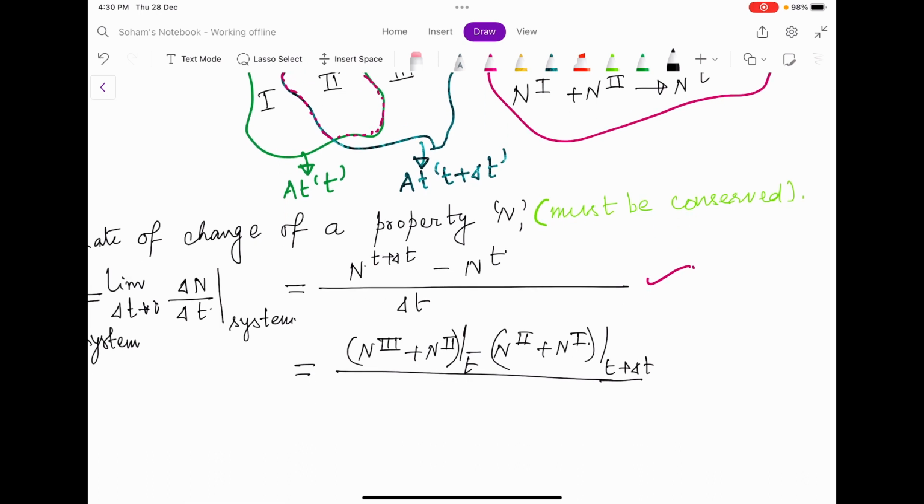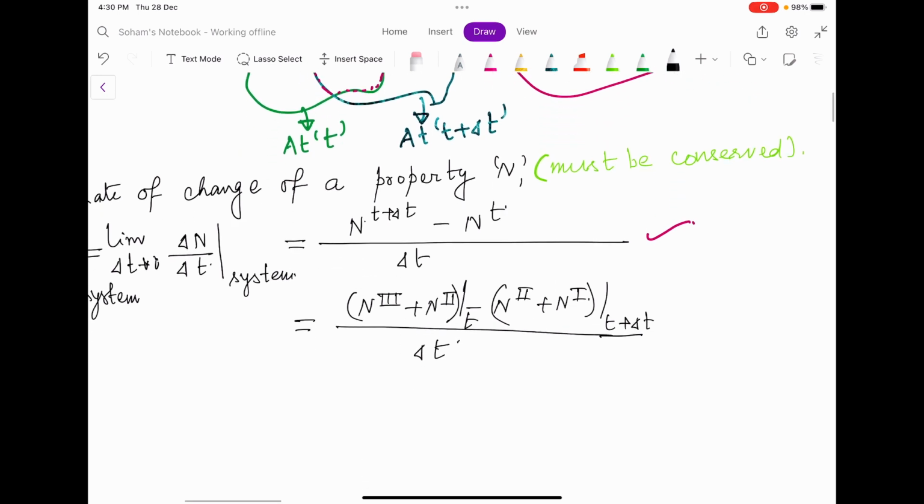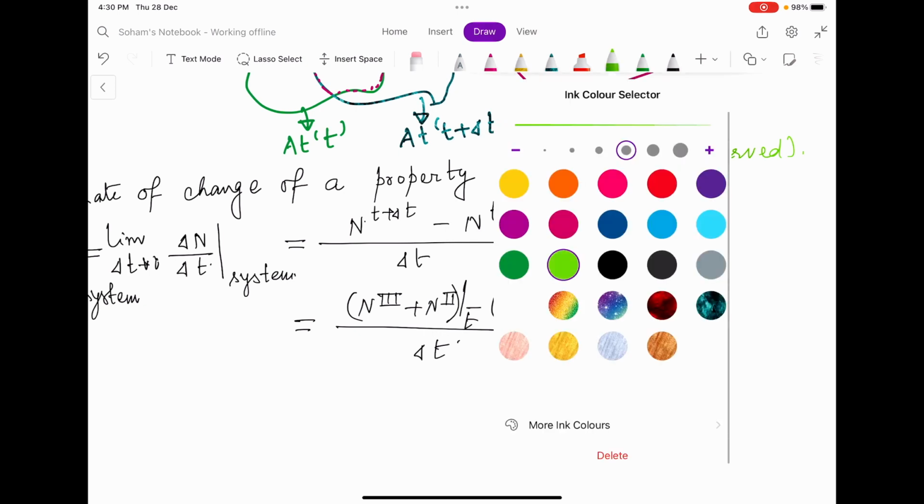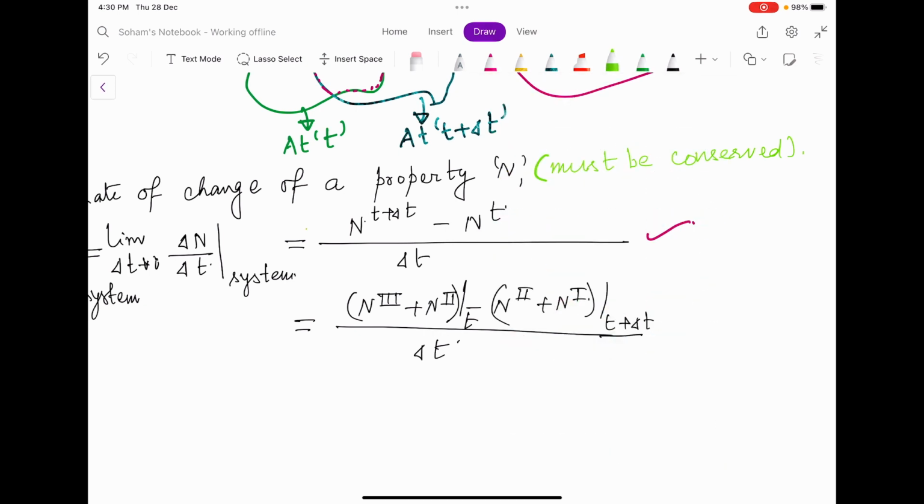By delta t. I have made a small silly mistake: this will be limit delta t tends to 0, and here also limit delta t tends to 0. So again, limit delta t tends to 0. Okay, so what is remaining?